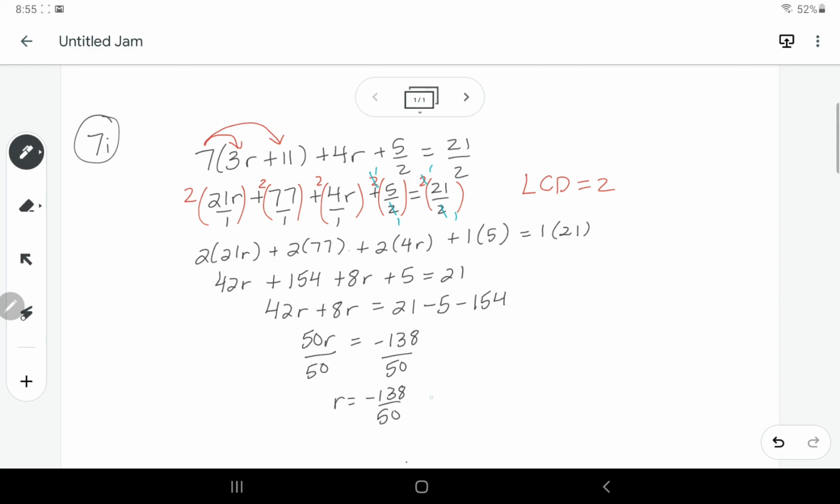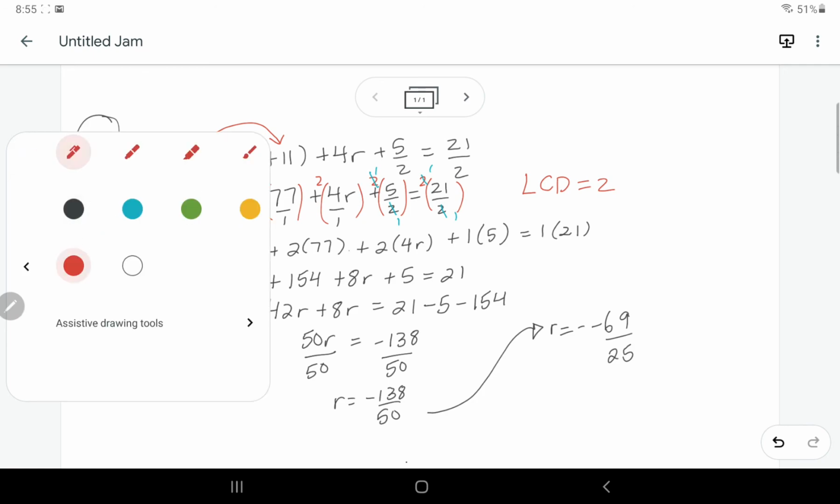So I would maybe divide, I'm just kind of out of frame here, divide by 2. So 138 divided by 2 is negative 69. Whoops. Negative 69 over 25. And then that can't be reduced anymore.